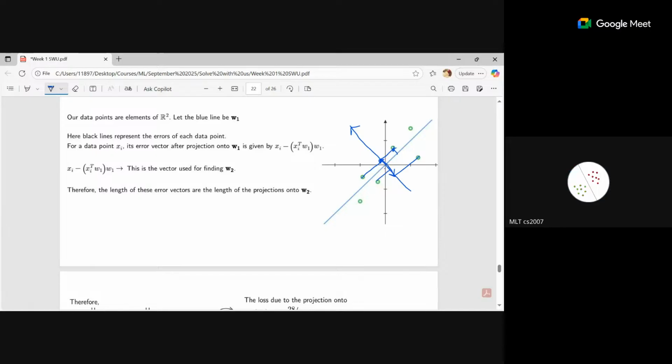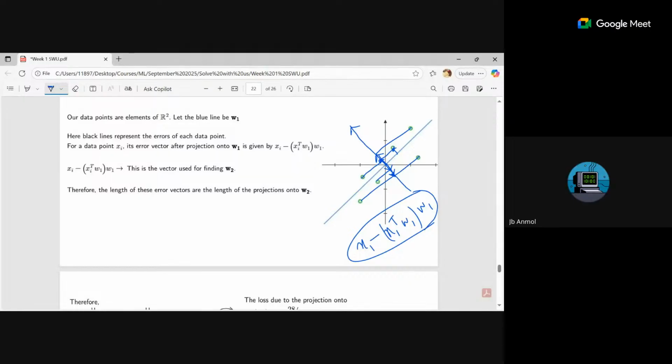These are the lengths that you get, and these lengths are given to you. You'll get 6 such vectors here. This is how it will look, and these are nothing but my xi minus, so for x1, x1 minus x1 transpose w1 times w1, x2 minus x2 transpose w1 times w1. So these are the lengths.